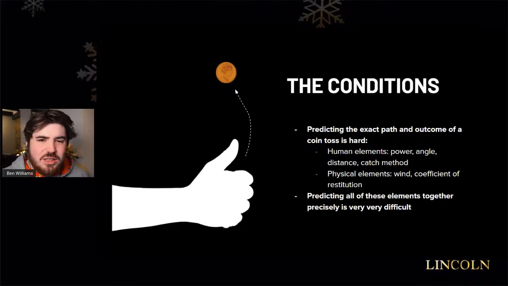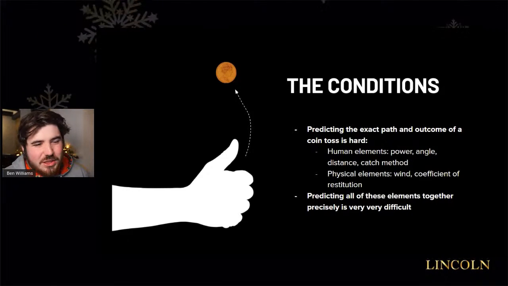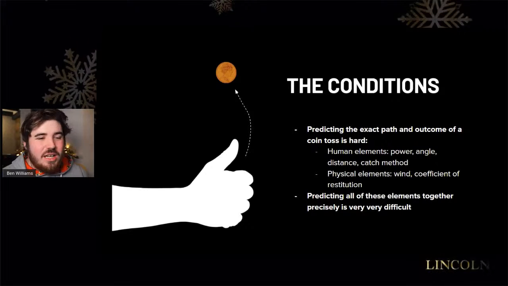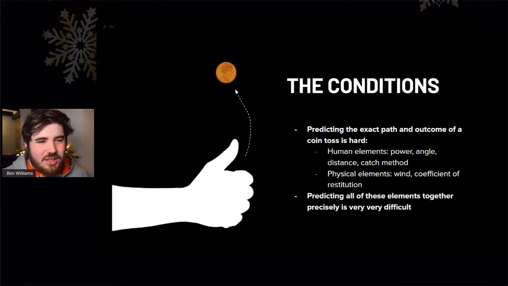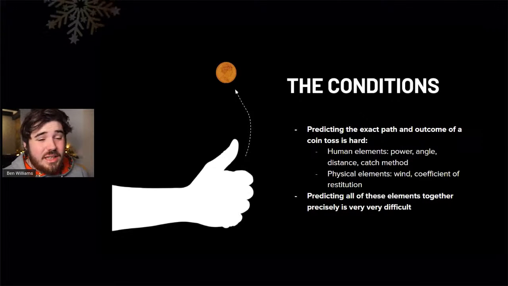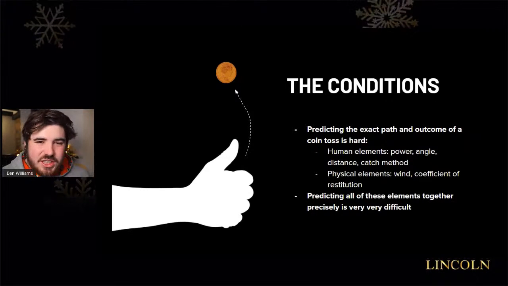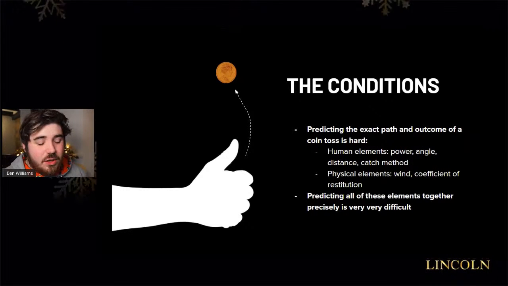So it's a really interesting question, and even with something like tossing a coin, if you stop and think about how many variables are involved in that process, it's quite interesting. Predicting all of these elements together to make up the state of that coin toss is quite a difficult thing, very difficult.